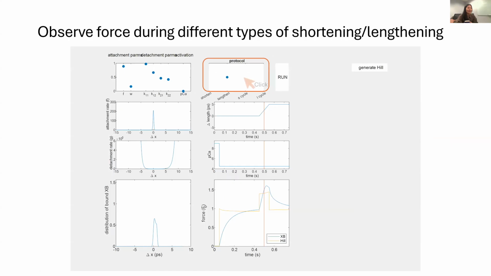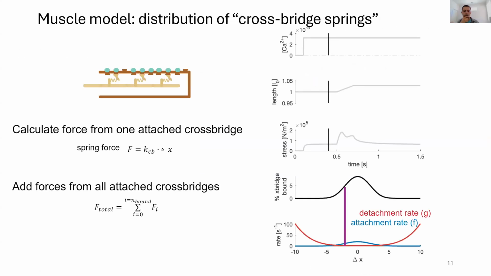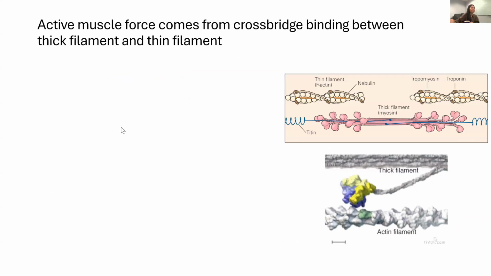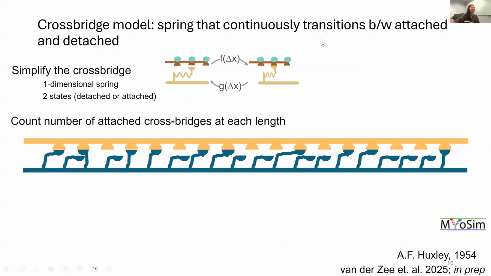Okay, sure. Maybe something like this. Yeah, exactly. So you got that plot there, the third one from the top, percentage cross-bridge bound. The x-axis is delta x, so that's the length change of the cross-bridge. The cross-bridges are at various different lengths compared to their resting lengths. And then some of them are attached and some of them are detached.